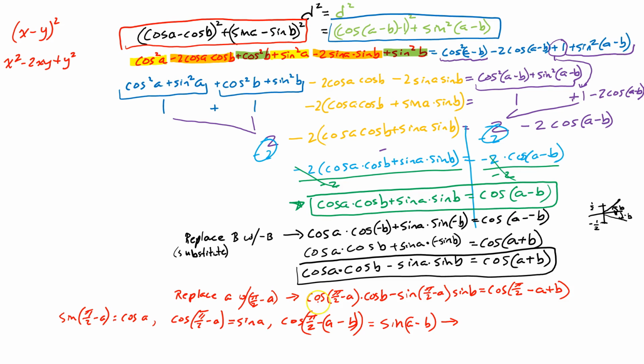Okay, and so from here we could say, cosine of pi over 2 minus a is sine a.